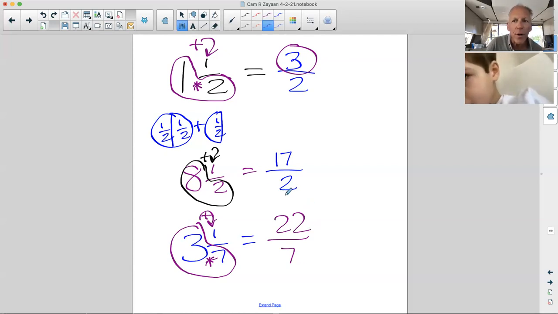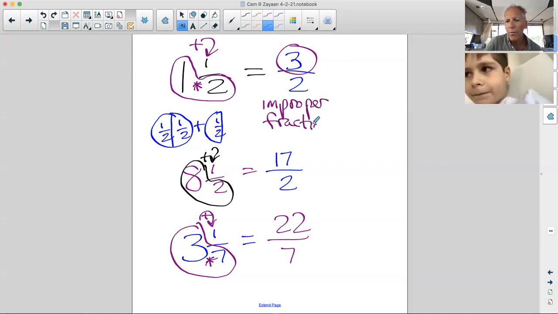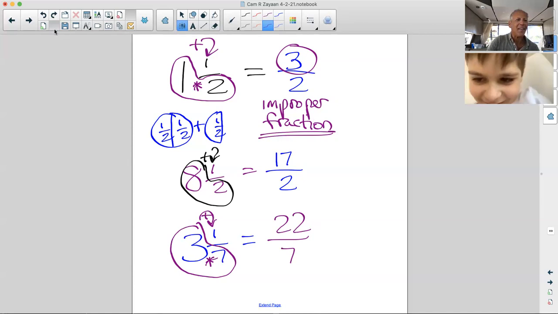You just converted mixed numbers into improper fractions. This is called an improper fraction. And do you know, Cam, that improper fractions are very proper? Isn't that funny?